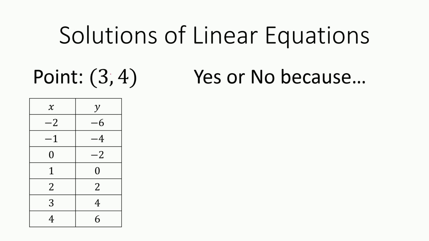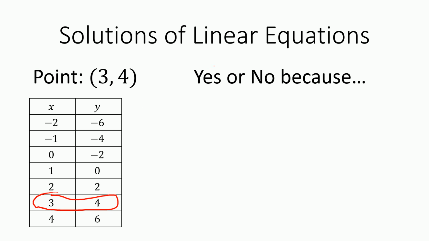So when it comes to tables, is the point 3, 4 a solution? Well, it's either in the table or it's not. And I'm going to look and I see, oh, here it is. It's right here. And I would look where the x value is the same. And if I had a different y value, I could tell you that solution must not be there, because in a linear equation, if the x value is 3 and the y value is not 4, then it must not be a solution.